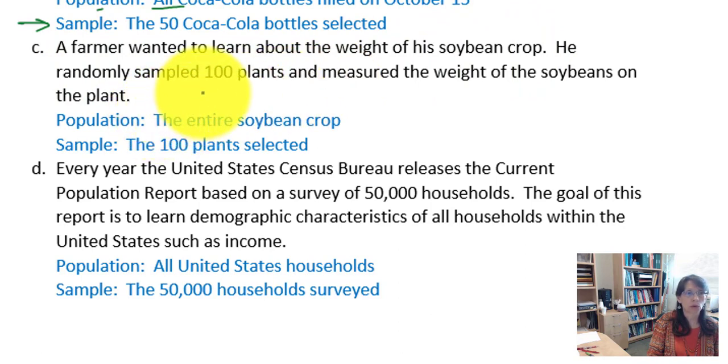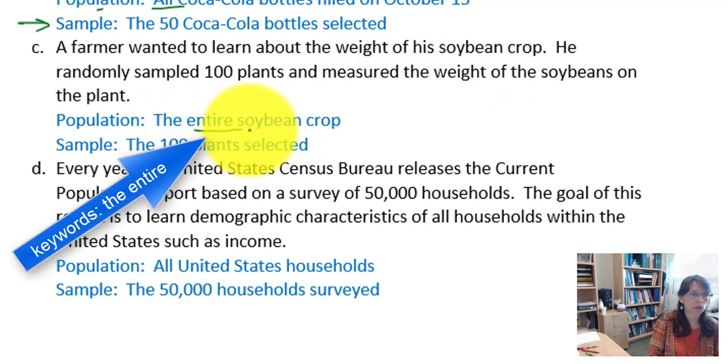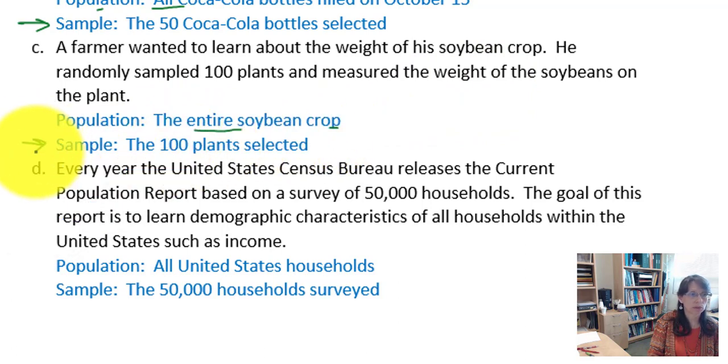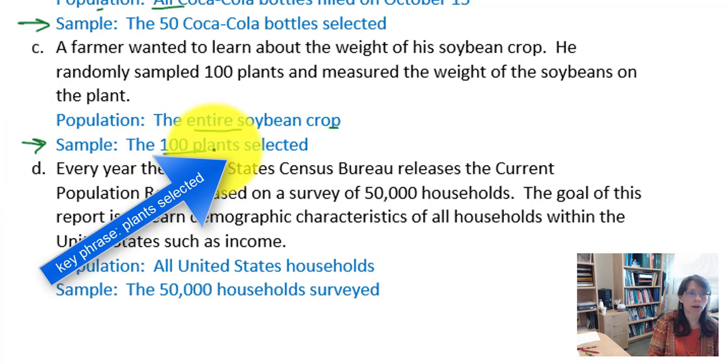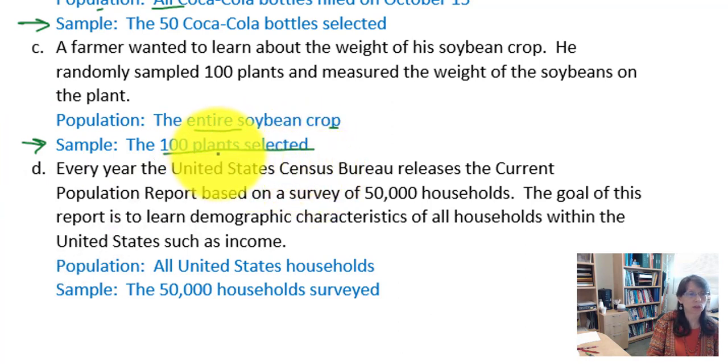He randomly sampled 100 plants and measured the weight of the soybeans on the plants. So the population of interest here would be the entire soybean crop. More specifically, our sample involves just the 100 plants selected. So I hope you can see the difference between the entire soybean crop versus just the sample we are interested in. That would be the 100 plants selected.